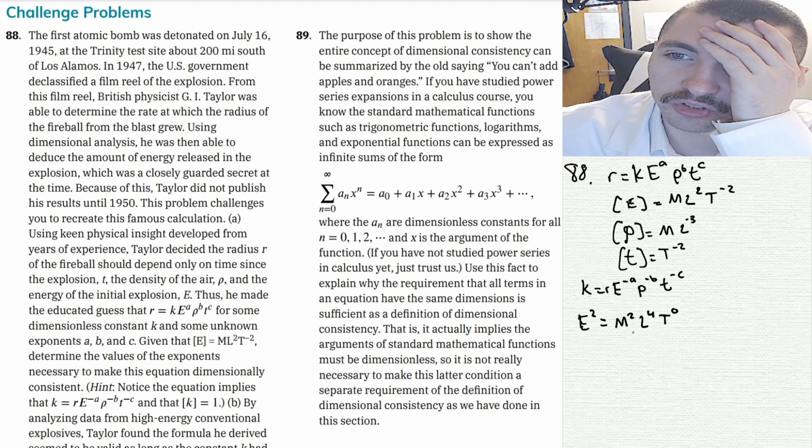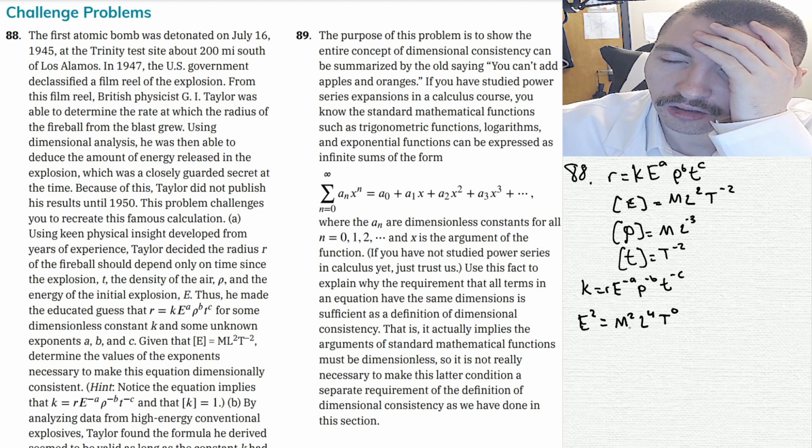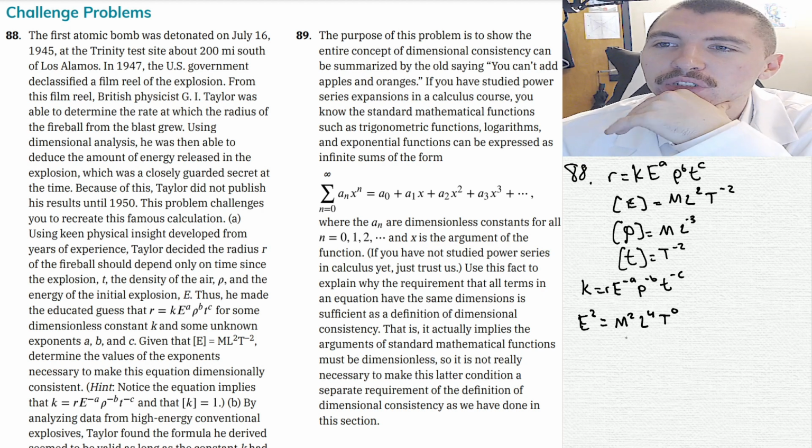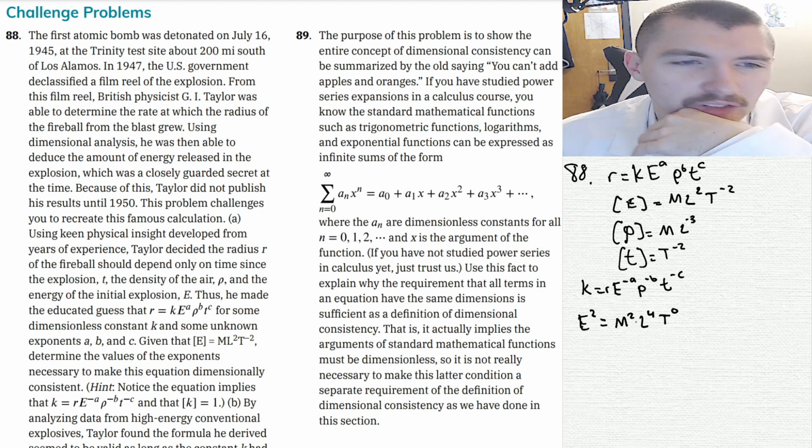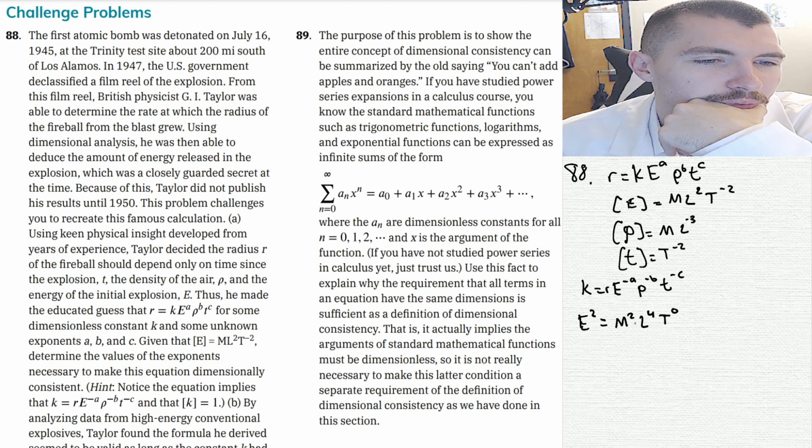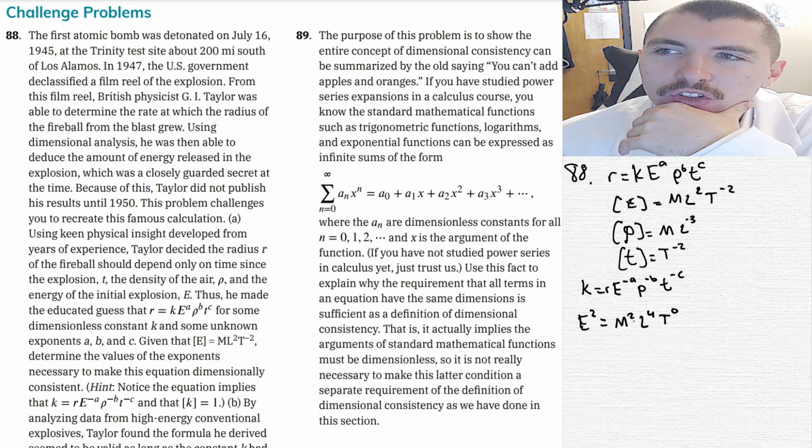It has to all be 0, right? K is dimensionless, right? K, okay, so these all have to equal 0.